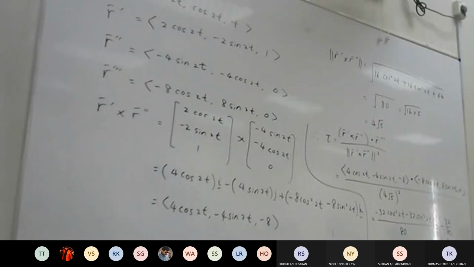Number 2 and number 3 are similar to question number 1. We have done question number 1, so proceed to number 2 and number 3.